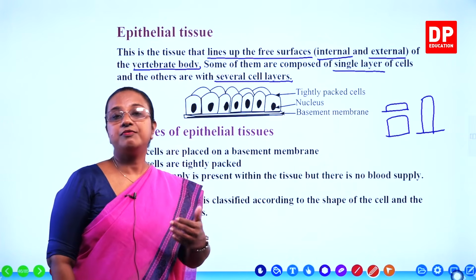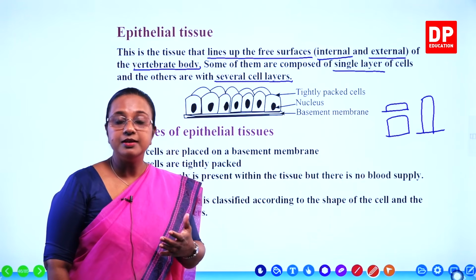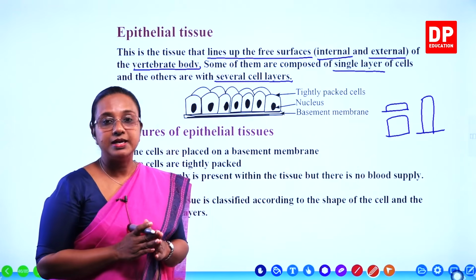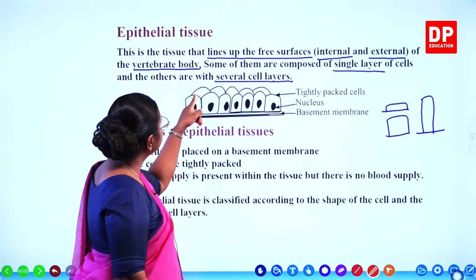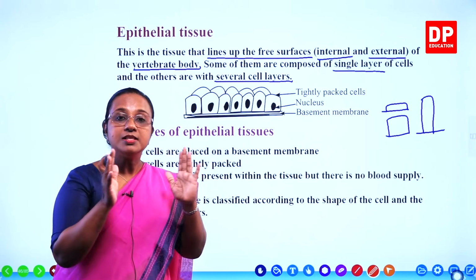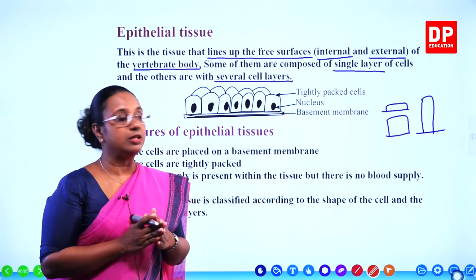So, the shape of the cells in the epithelial tissue can be different, but all of them are arranged on a basement membrane, and there is no intercellular space. All the cells are tightly packed without a space between them.